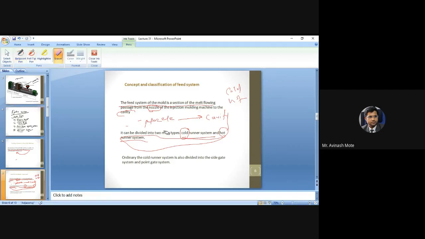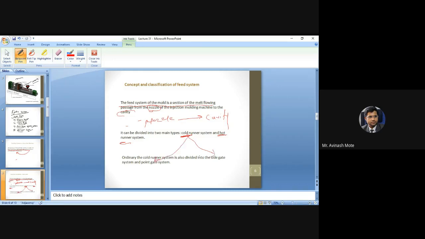So first of all, feeding mechanism is considered from nozzle to cavity. Second thing, there are two basic types of feeding mechanism: first one, cold runner type, and second one, hot runner type. And again this cold runner system is categorized into two different classes: side gate and point gate.